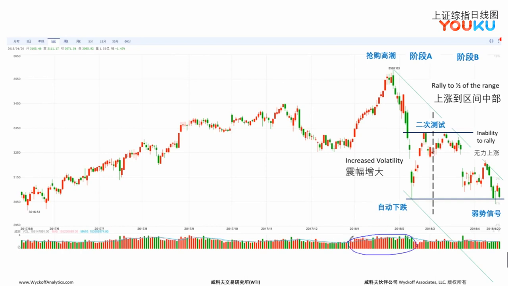And here we're seeing how the volume actually starts to increase, and it starts to increase on the demand side. So effort is going up, and we are assuming that the demand is going up, but we are also not making a very significant progress to the upside. So we might think that supply is also increasing. And therefore, if supply is increasing, we need to understand what kind of result we're going to have.